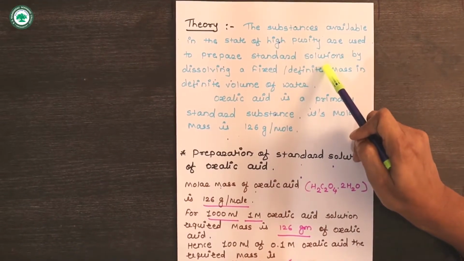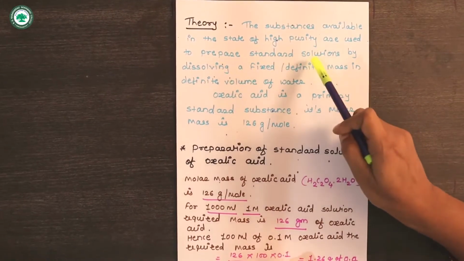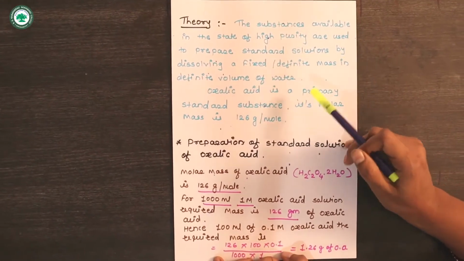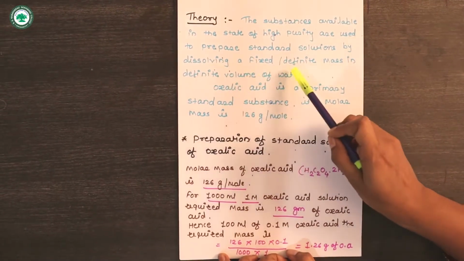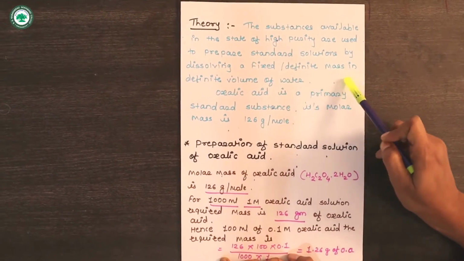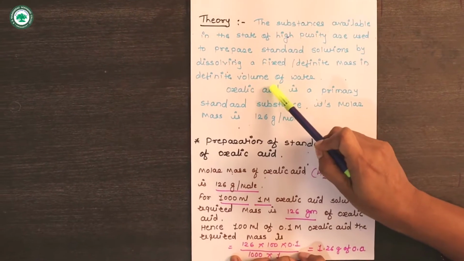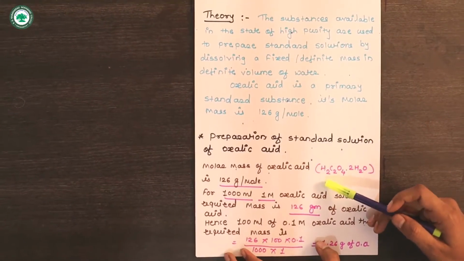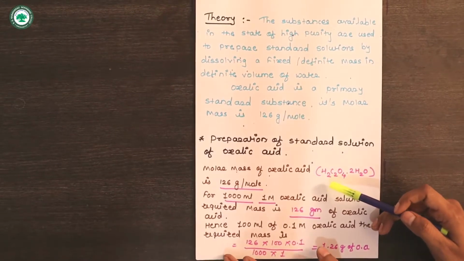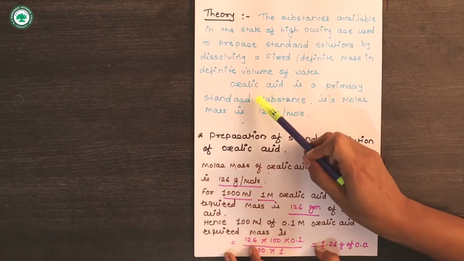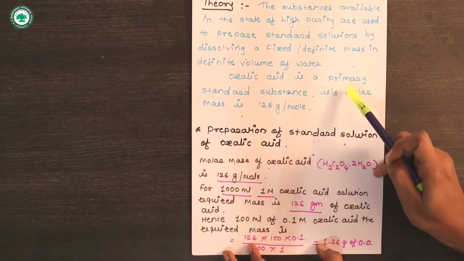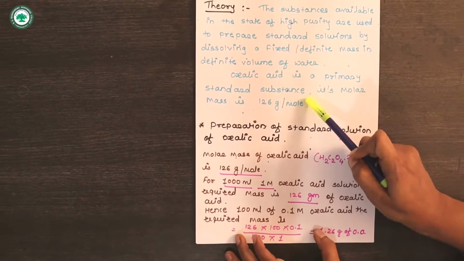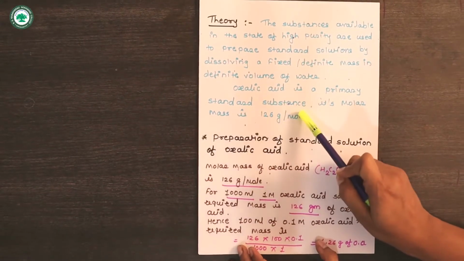Means in this practical we use standard solutions of KMnO4 and oxalic acid by dissolving a fixed and definite mass in a definite volume of water. Oxalic acid is a primary standard substance.